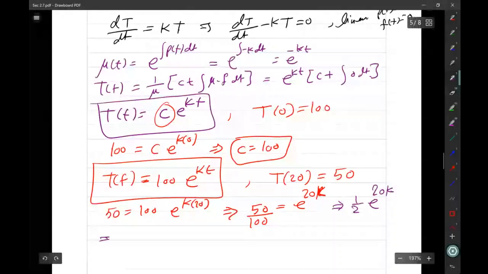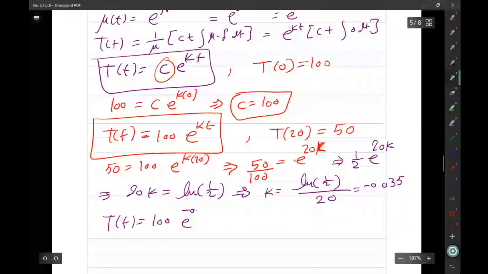Therefore, take ln for both sides: 20k is equal to ln of half, which implies k is equal to ln of half divided by 20, which is about -0.035. Now substitute there. So T of t is equal to 100 e to the power -0.035 t.